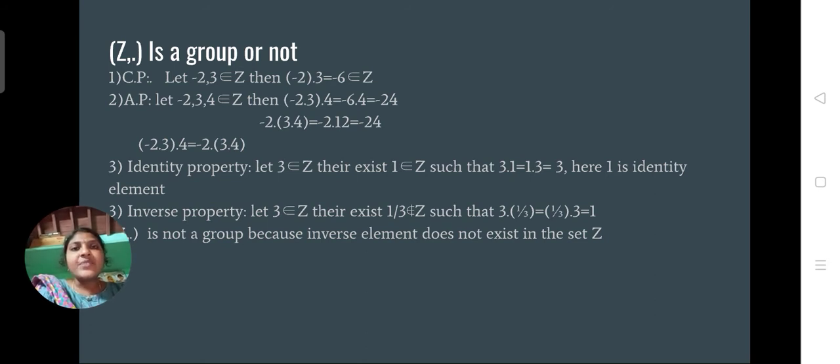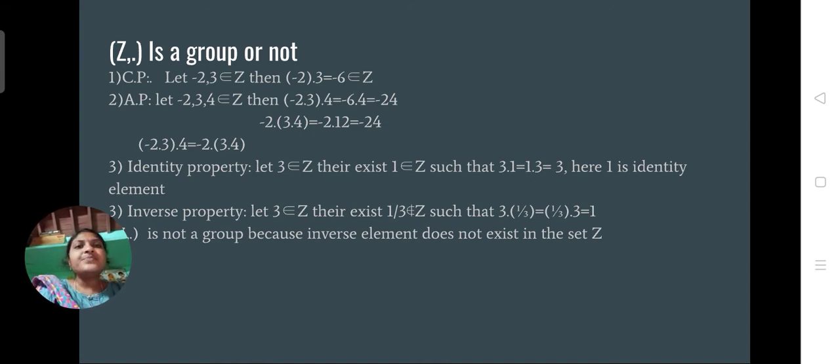And next, the associative property. Let me take any three elements from the integer set: minus 2, 3 and 4. These three belong to Z. Then (minus 2 dot 3) dot 4 is equal to minus 2 into 3 is minus 6, into 4 is minus 24. And next, minus 2 dot (3 dot 4): 3 into 4 is equal to 12, so minus 2 into 12 is equal to minus 24.